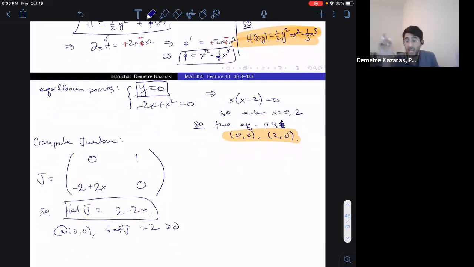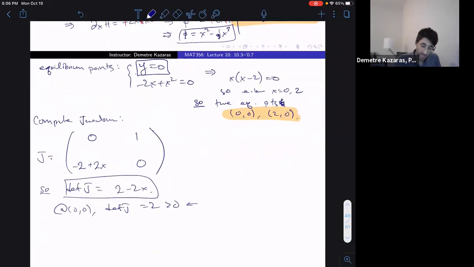That means that h, the Hamiltonian, either has a local minimum or maximum there. So this will be a center equilibrium point. And at 2, 0, the determinant is going to be 2 minus 4, that's -2, and that is negative. And this is a saddle point.